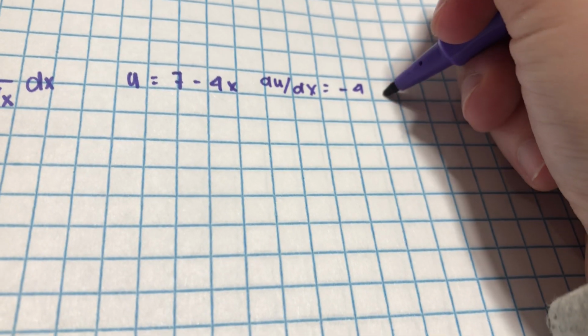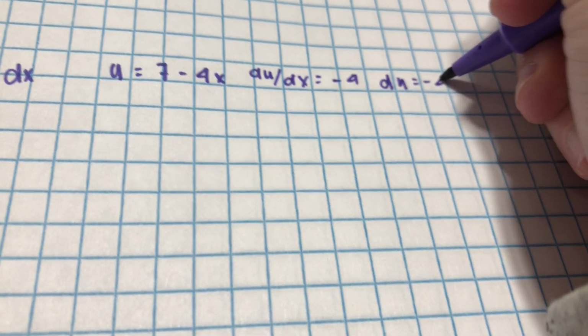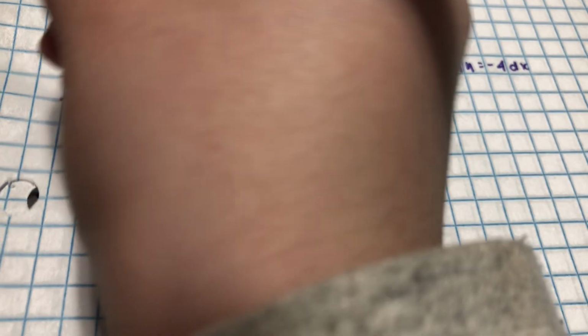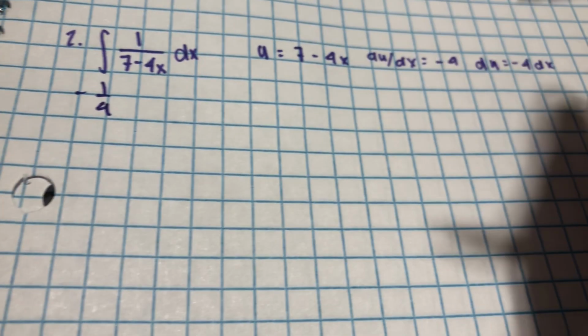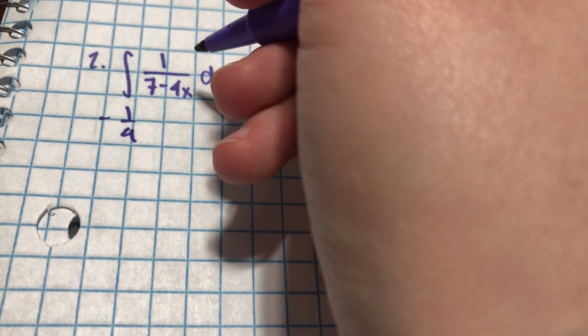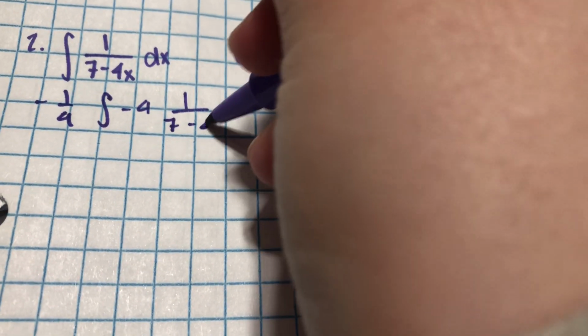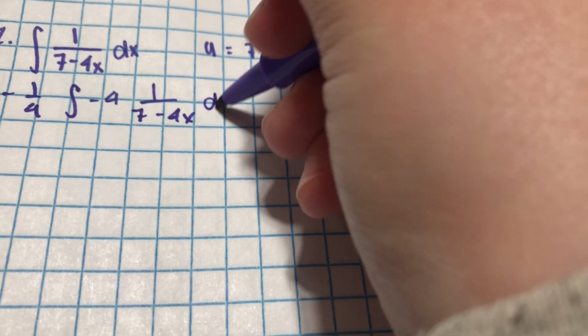So our du equals negative 4 dx. We translate this so it fits what we're trying to do. We have negative 1 over 4 on the outside to balance it out, and then an integral of negative 4 times 1 over 7 minus 4x dx.